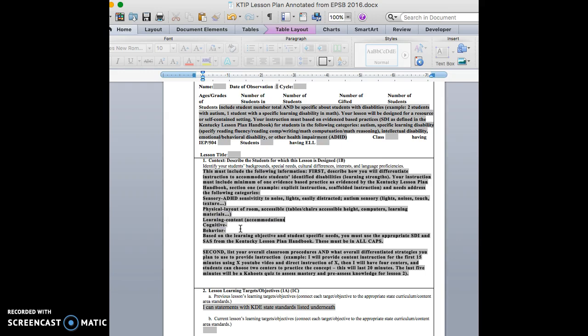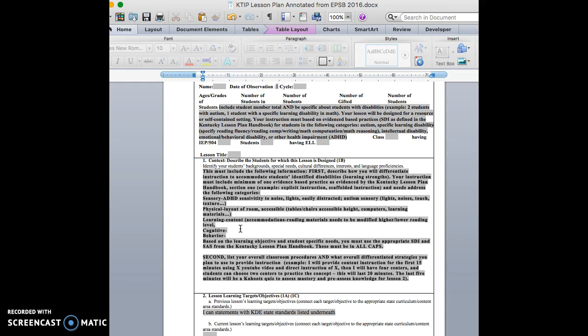When we think about learning differences, we're going to think about our content, and this is strictly looking at accommodations. We'll talk about modifications next, but this might be that the reading materials need to be modified to a higher or lower reading level. This could be the amount of text that's on a page.